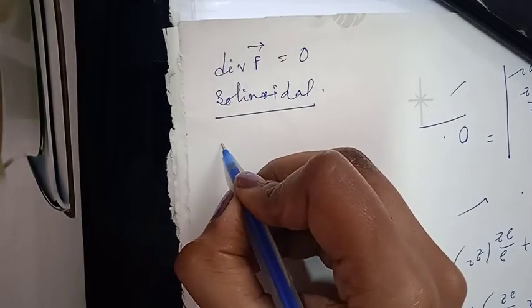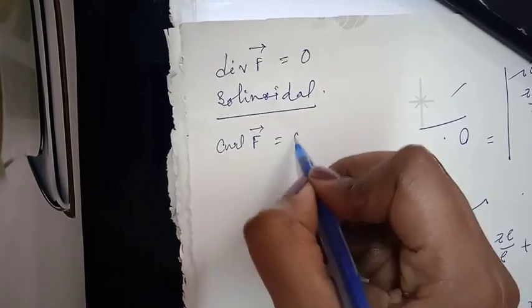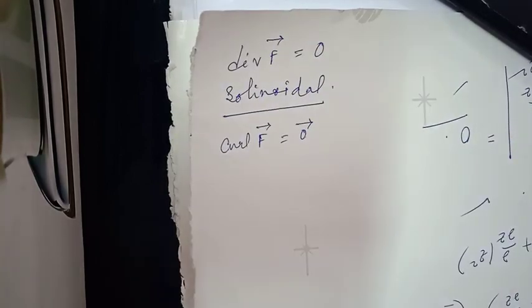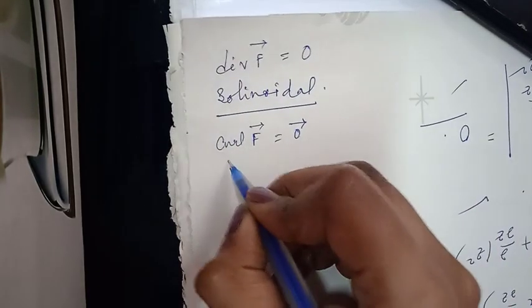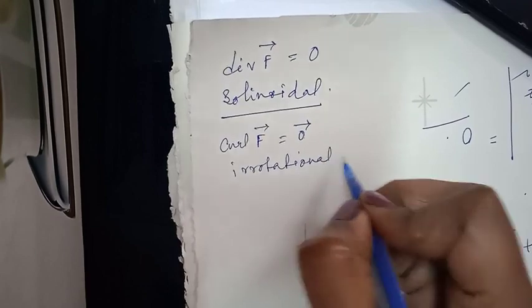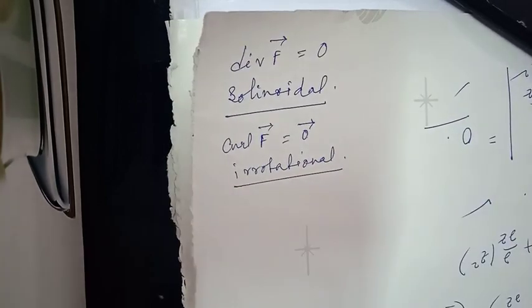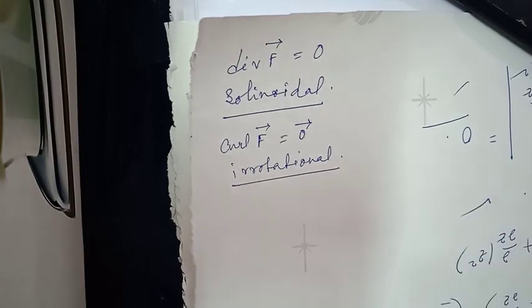And another thing you need to learn: if curl f becomes 0, curl f is a vector, so we need to write it as the 0 vector. So when curl f becomes 0, then the vector is called irrotational. Okay, if divergence f is 0, then solenoidal, and if curl f equals 0, then it is called irrotational. Now let's solve one example using that solenoidal and irrotational thing.